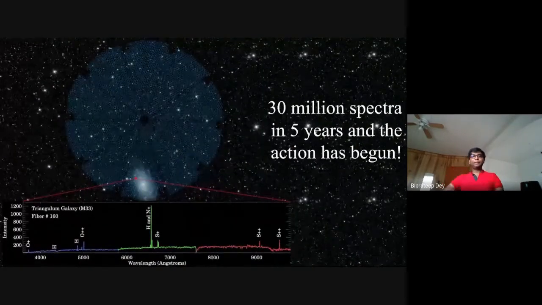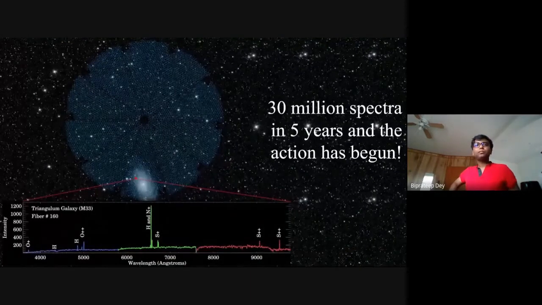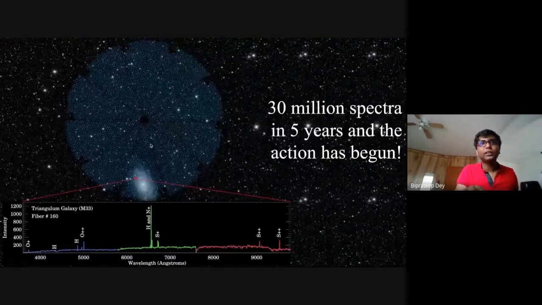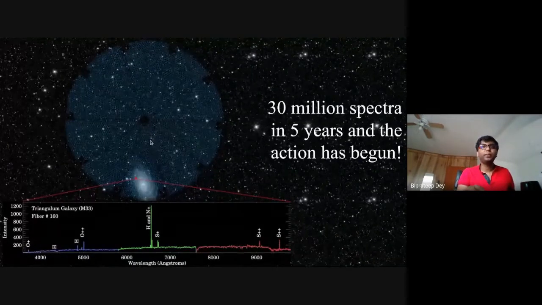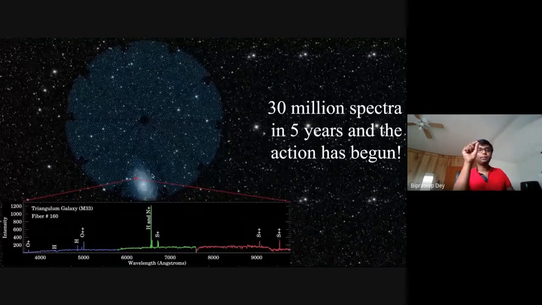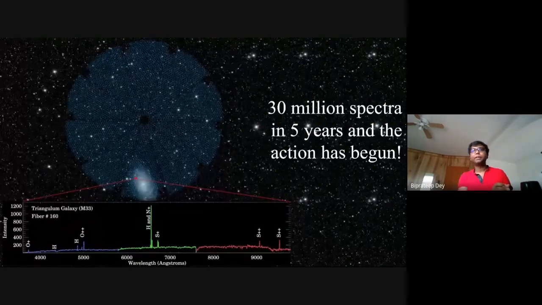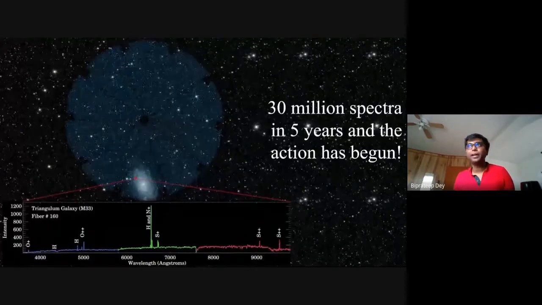And this is a picture of the first light that DESI received, where each of these dots corresponds to the location of a fiber optic cable, and you carry the light from that patch of sky and split it up into its constituent wavelengths. This action has already begun, and this is a project which is happening right now.